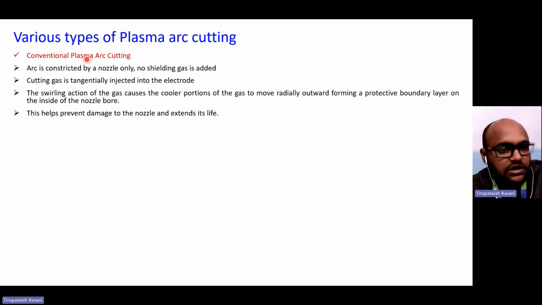That is the conventional plasma arc. Cutting gas, that is the inside core gas, is tangentially injected into the electrode intentionally. The swirl action of the gas causes the cooled portion of the gas to move radially outward, forming a protective boundary layer on the inside of the nozzle bore.